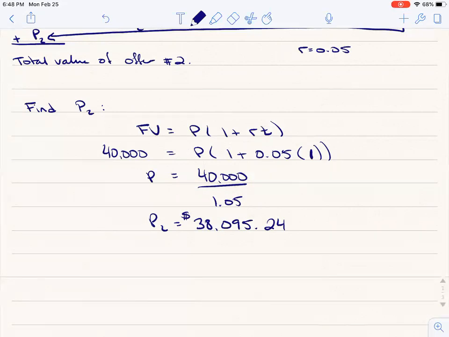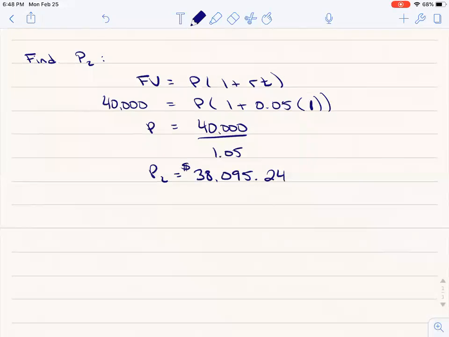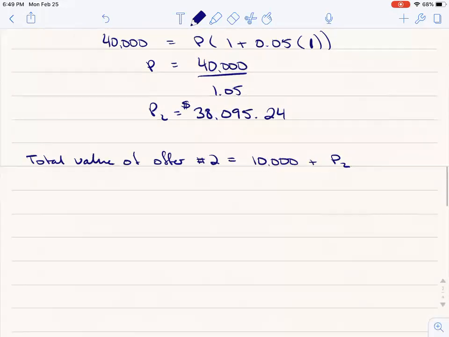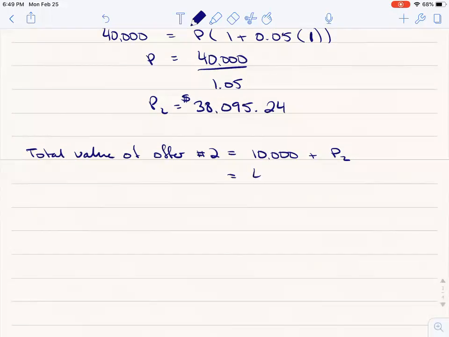Pretty good. Okay. So now we can find the total value of offer number 2. It is 10,000 plus P2, which is going to be 48,095.24.